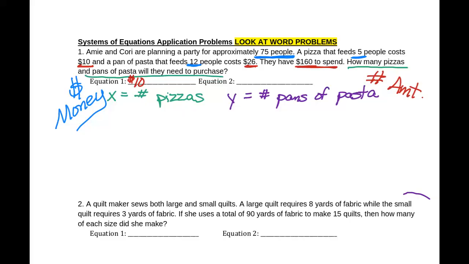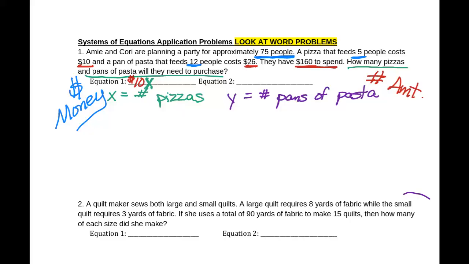Well, if it's $10 for every pizza, do we know how many pizzas we are going to need right now? No, but we know we're leaving it as X. So for each of those pizzas, it's going to cost $10. So that total is going to be 10 times X. $10 times the number of pizzas we get, we could figure that out.